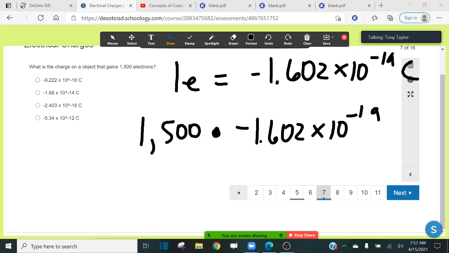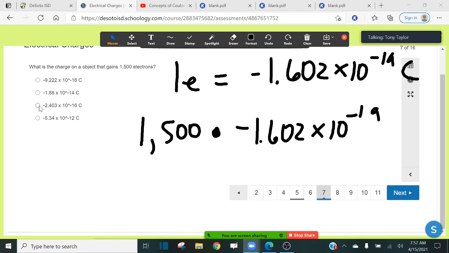So let's do this. 1,500 times negative 1.6. Okay, guys, when I put this in my calculator, I got negative 2.403 times 10 to the negative 16.